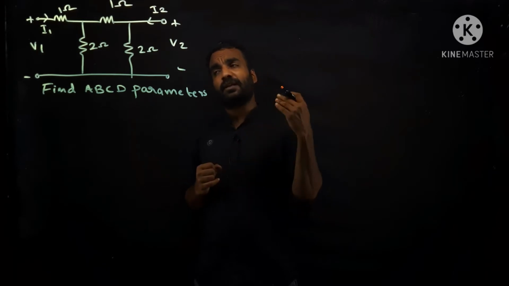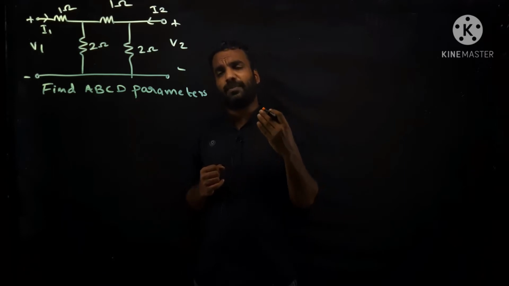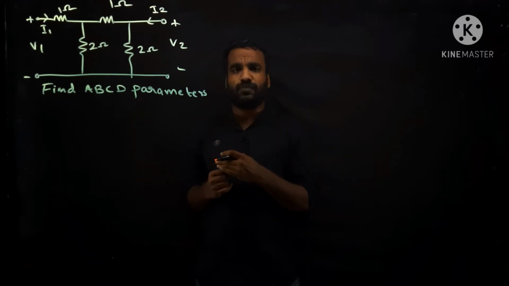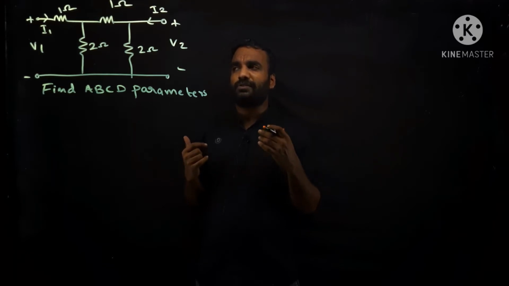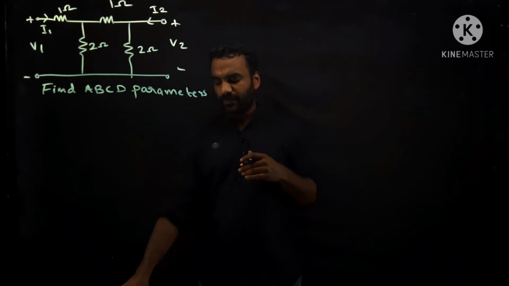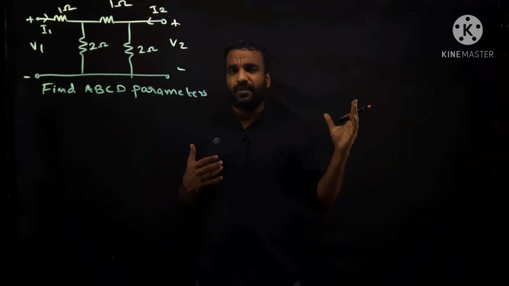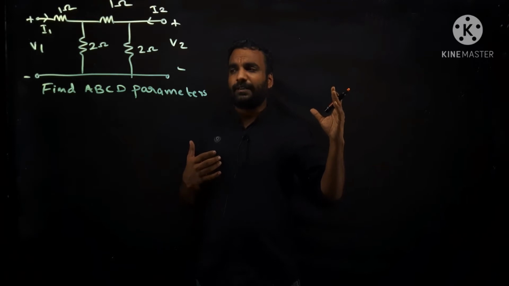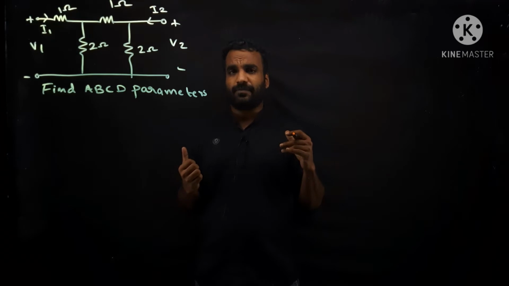If you want that method, or if you find that it is very easy, you can apply that method in other problems also. But for me, my option is you have to follow this mesh analysis method for ABCD parameters, because those methods we already discussed in the previous class for finding Z11, Z12 are somewhat complicated in case of ABCD parameters.